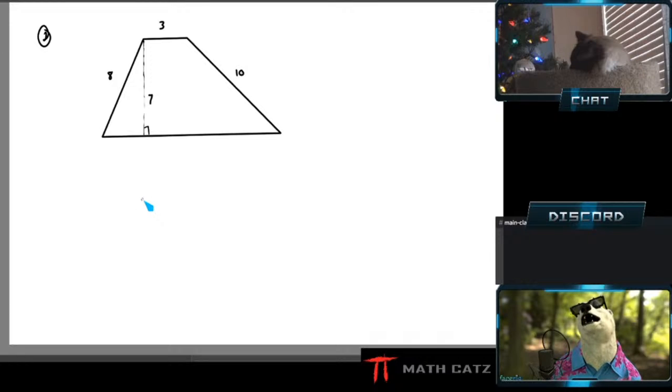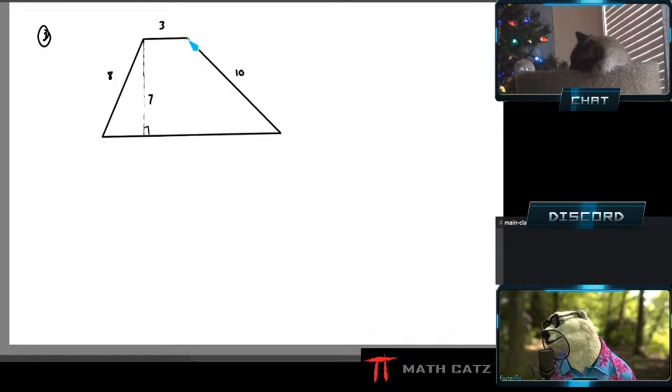So perpendicular down. We have this trapezoid that we want to find the perimeter of, which just means we need to calculate all the side lengths, and the only one missing is this bottom one.